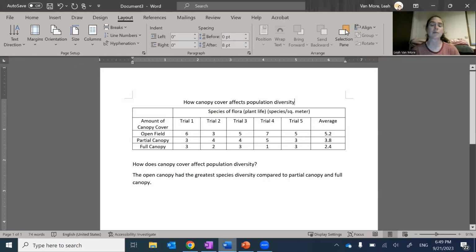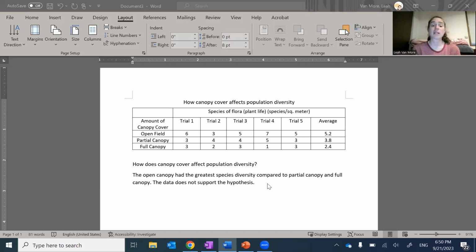We don't know if there was a hypothesis, but let's say that the person had hypothesized that the partial canopy would have the greatest diversity for whatever reason. Well, that's not what the data supports. We're not going to say that the hypothesis was wrong because we only have data from one trial. Maybe this is unique to this habitat that we are in, but we are going to say that the hypothesis was not supported by the data.